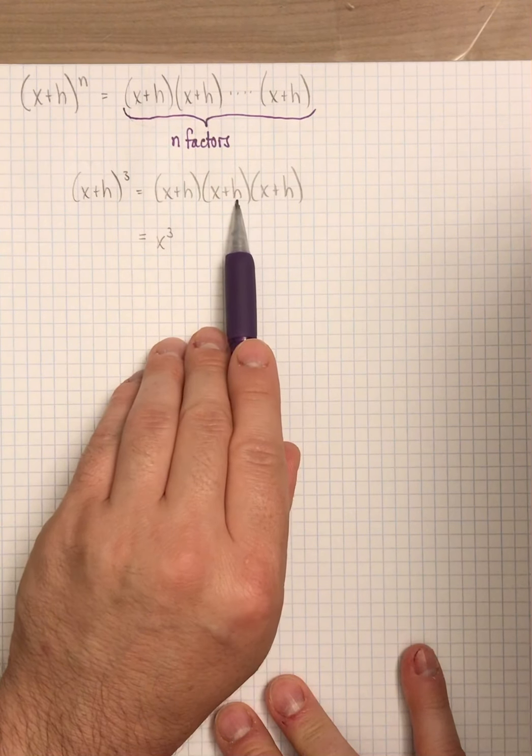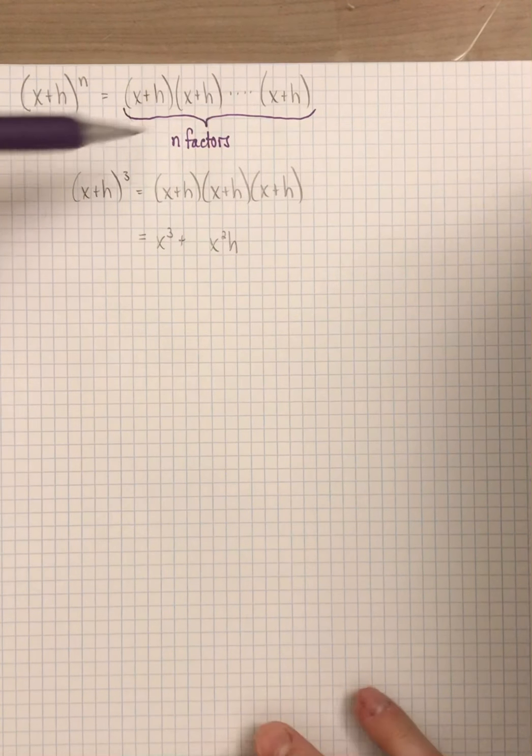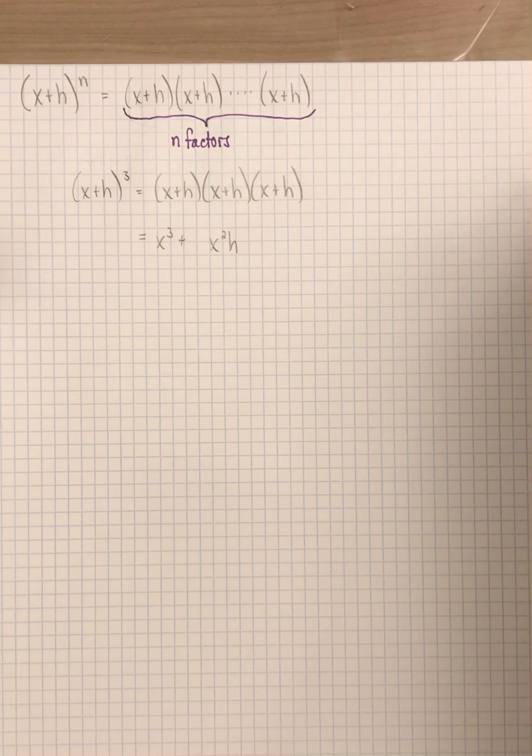So there's multiple ways to choose that, but regardless of how many ways there are, we get a term that's going to have two factors of x, but only one factor of h, because if I can't do all three x's, I already covered that. I have no choice but to choose at least one of them to be an h.